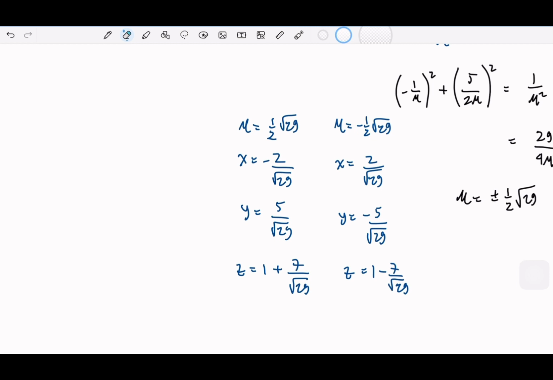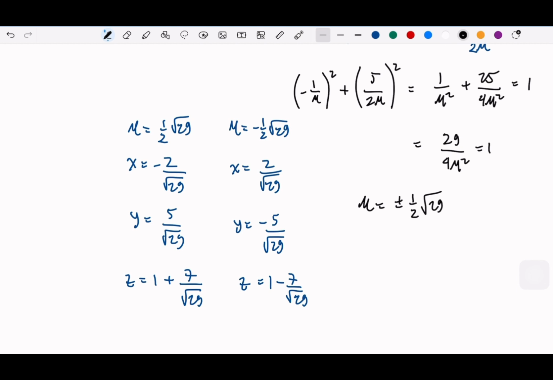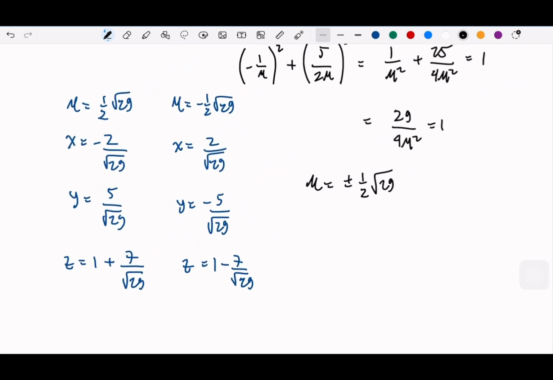Okay, not yet finished. The last part is we have now all the x, y, z, right? So this is the first point, the second point. So we need to check this possibility for which one is the maximum value. But since we have the x, let me write f(x, y, z) is x plus 2y plus 3z.